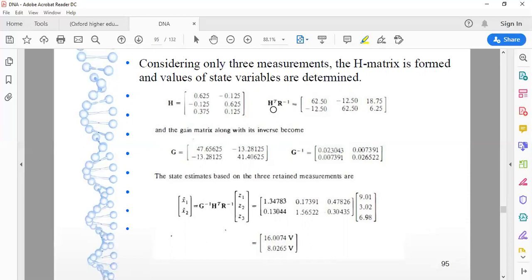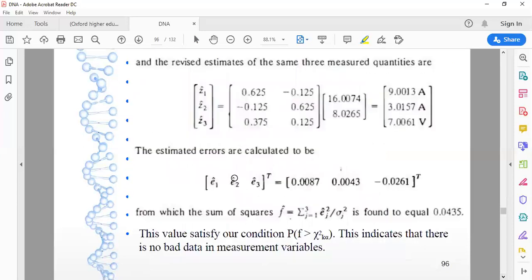Now H transpose R inverse will also be calculated. The gain matrix is calculated, and once again if we calculate the value of state variables, now it will attain some different values. These are 16.0074 and 8.0265. After recalculating the value of x, once again we calculate the value of error.